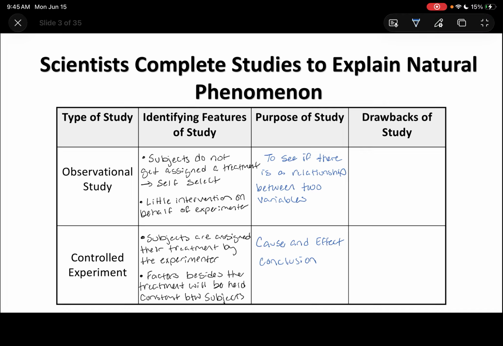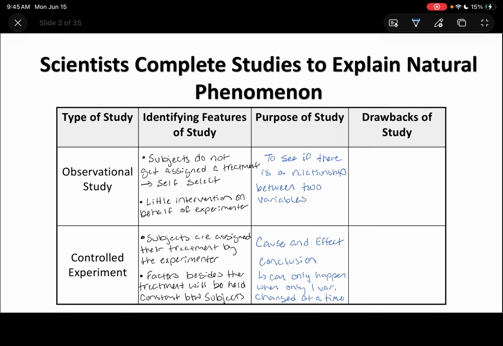We're able to do this in a controlled experiment because only one thing is manipulated. So this can only happen when only one variable is changed at a time. And that's what a controlled experiment does.